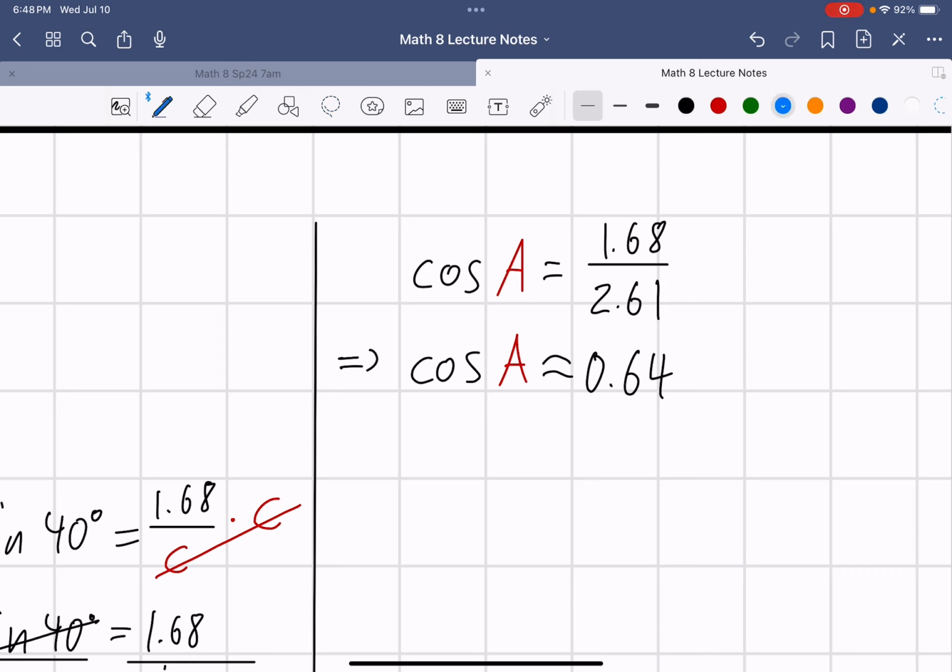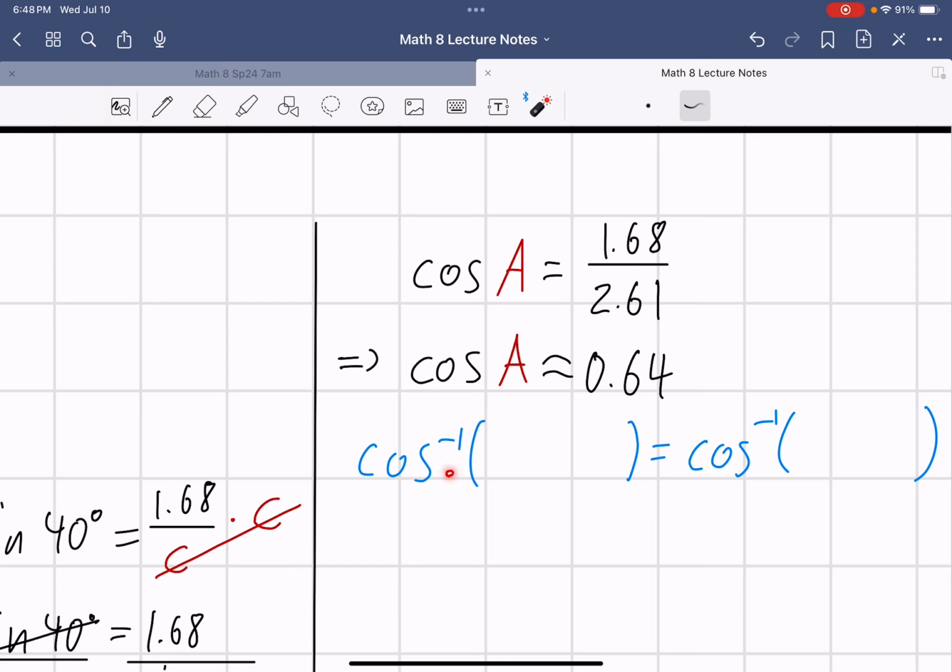So to do that, the inverse of cosine is going to be cosine inverse, and it's through composition. I'm not doing this through multiplication. This is me taking the entire function and plugging it into this problem.